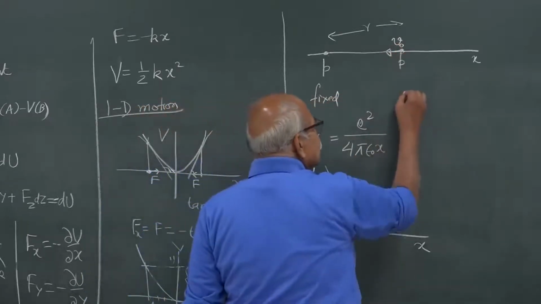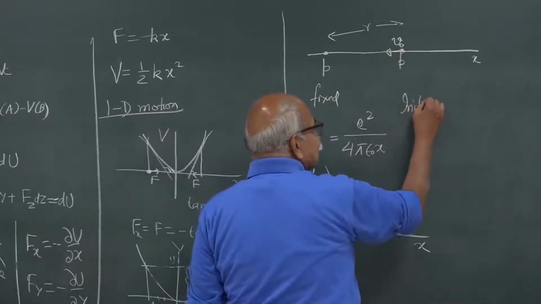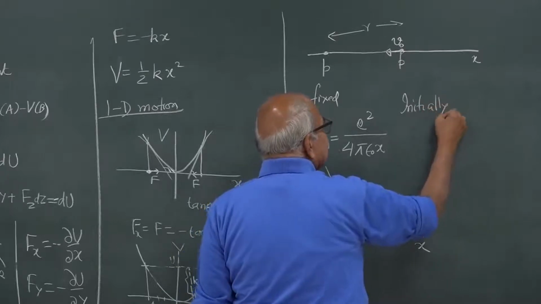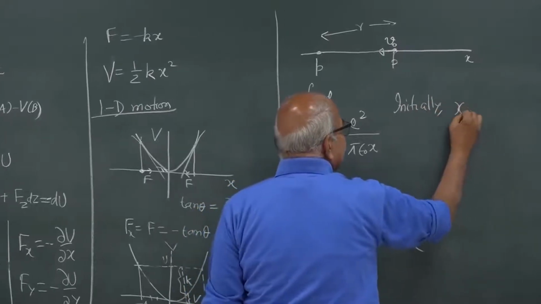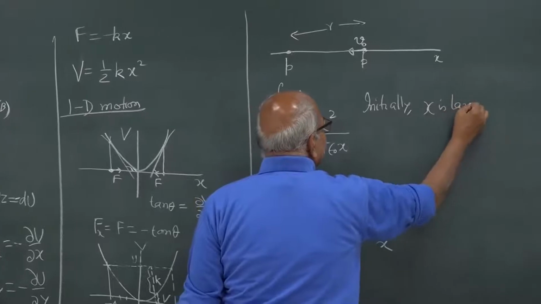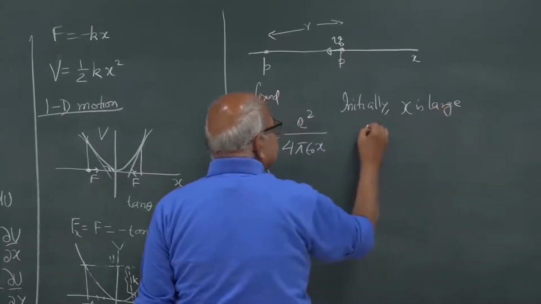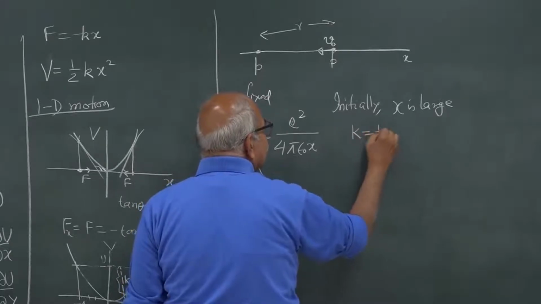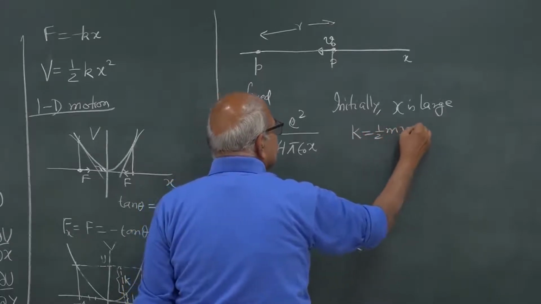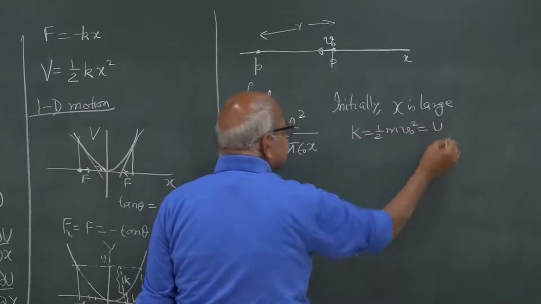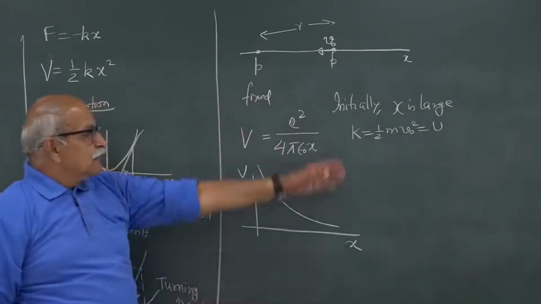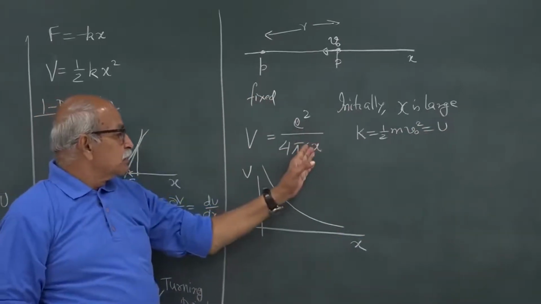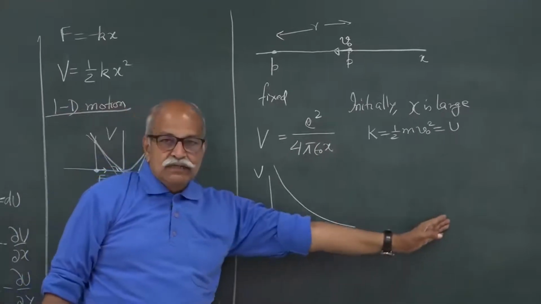So, initially, whatever you call t equal to 0, x is very large, and the kinetic energy K is half m v naught squared, and this is also the total energy, because for large x the potential energy tends towards 0.